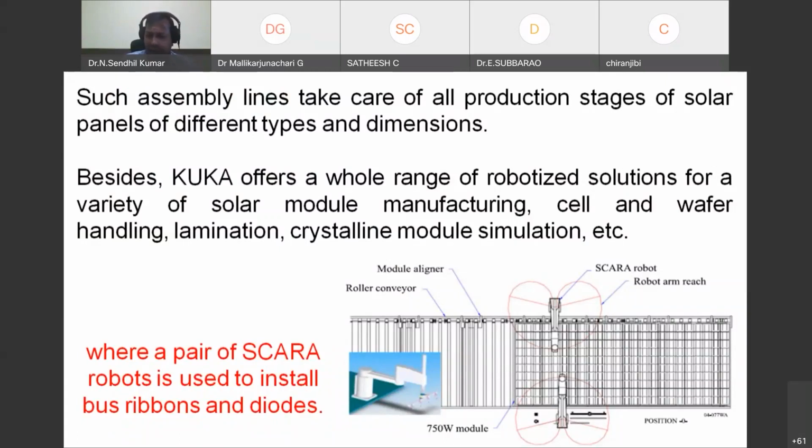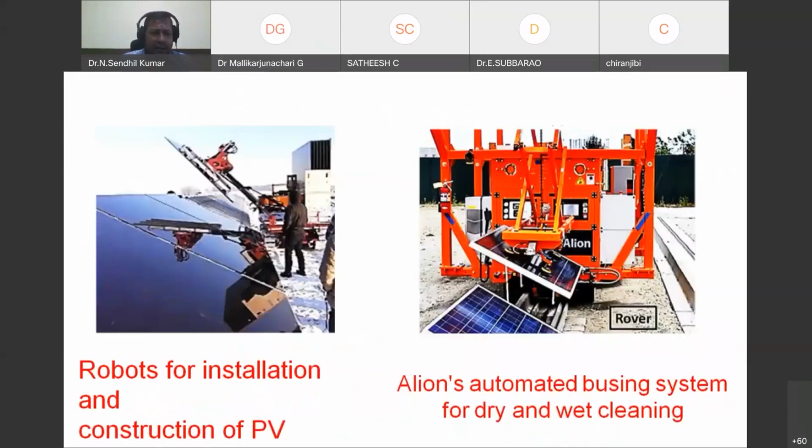Even if human beings are doing it, if you deploy the robots, fast mass production and accurate soldering will take place. For this purpose also, SCARA robots will be used for ribbon and diode installation. And sometimes in the construction of PV on-site, they will also be used. I told you, automated busing robots will be used here.